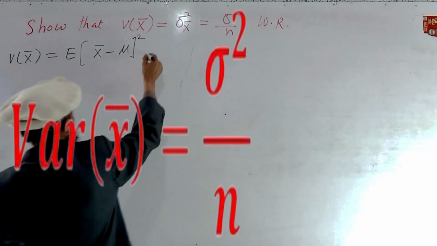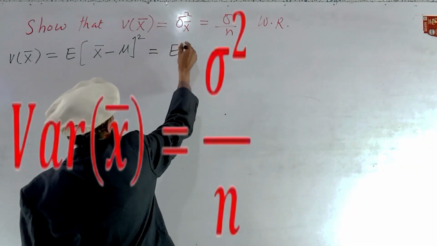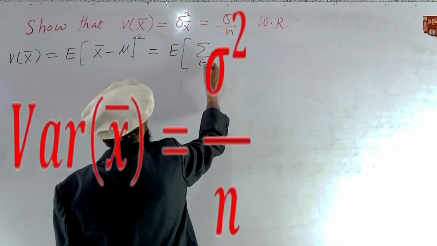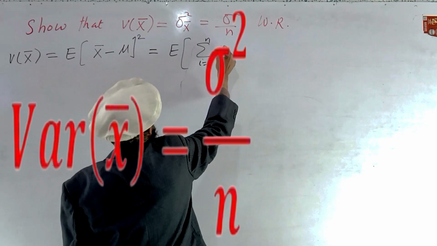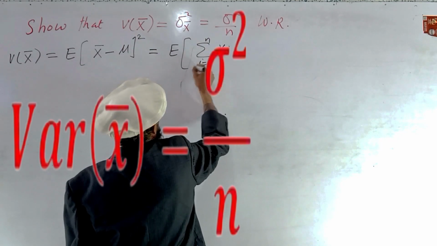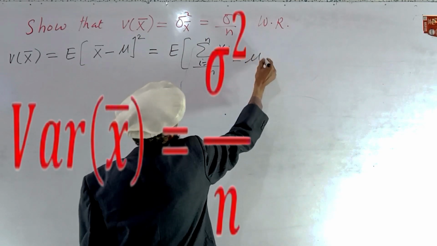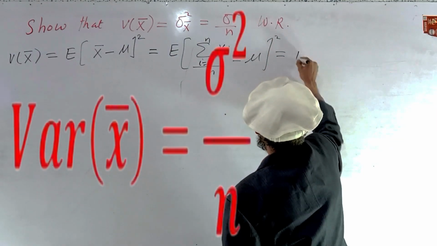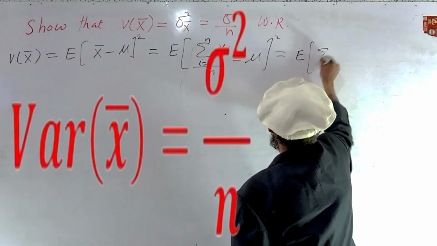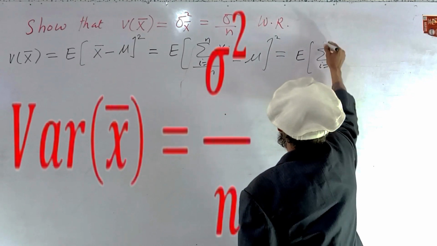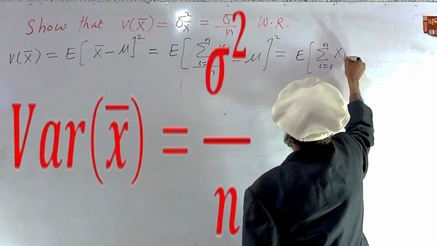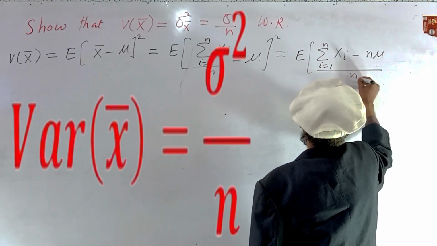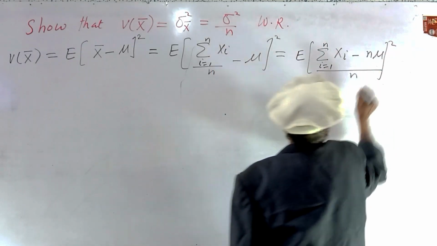Now we expand this term: x bar is equal to the summation of xi from i equal to 1 up to n, divided by n, minus mu, whole square. Now taking the LCM, the expected value of the summation of xi minus n mu, divided by n, whole square.